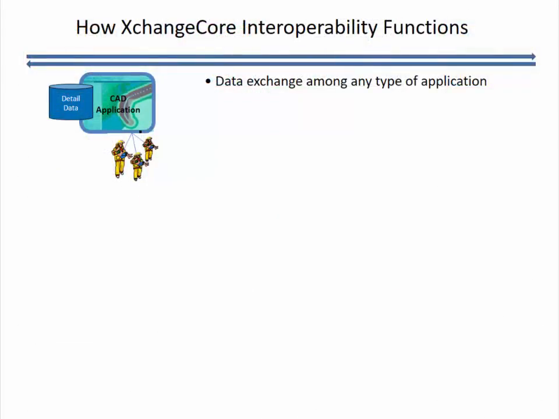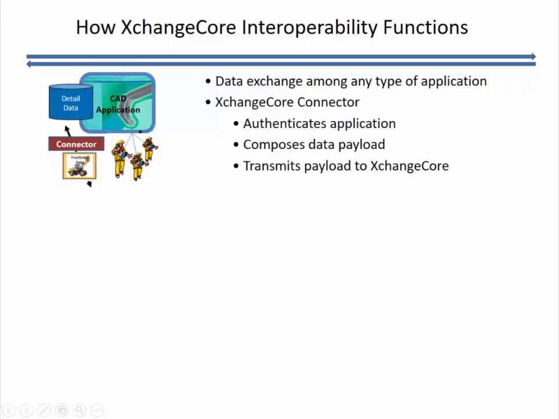At a more technical level, XchangeCore functions like this. Data comes from many different applications owned by organizations. An XchangeCore connector authenticates the application to XchangeCore, composes the data into a payload, and transmits that payload to XchangeCore.